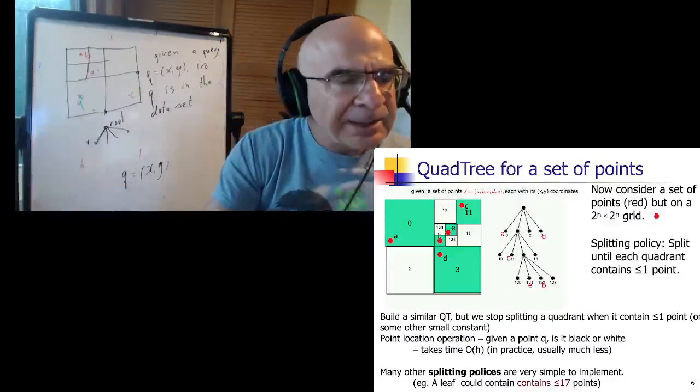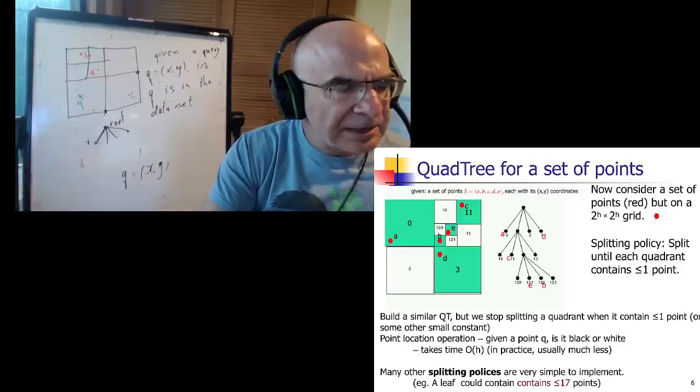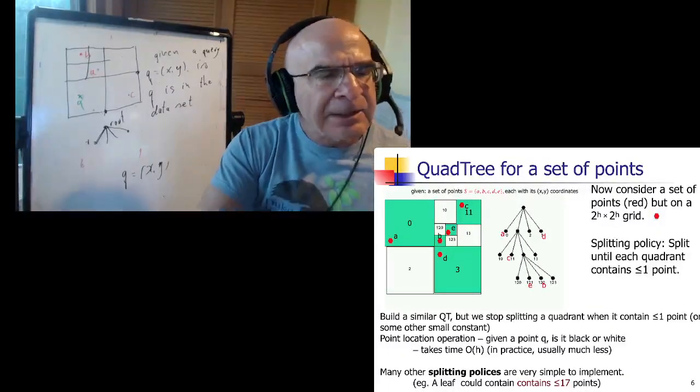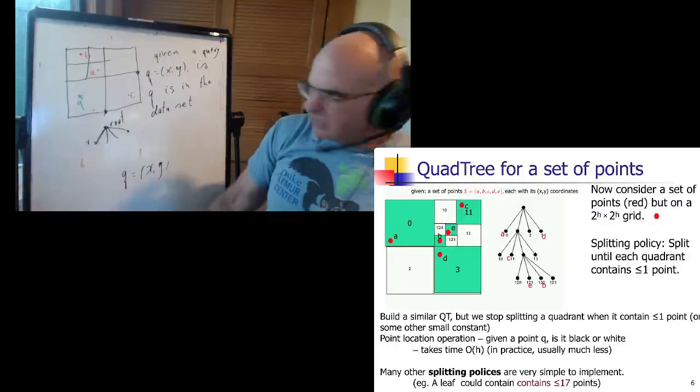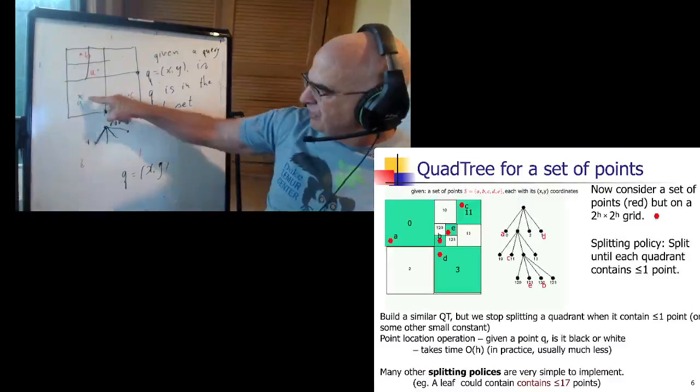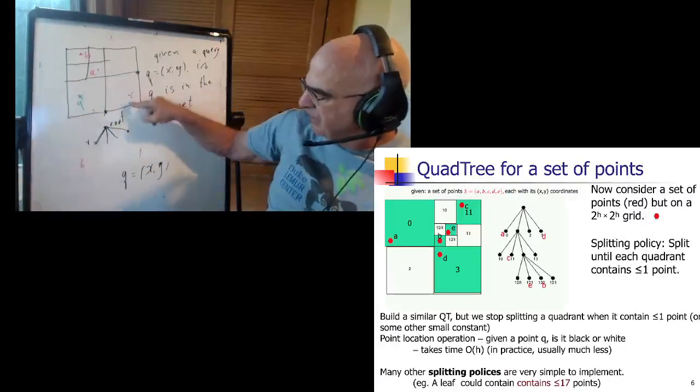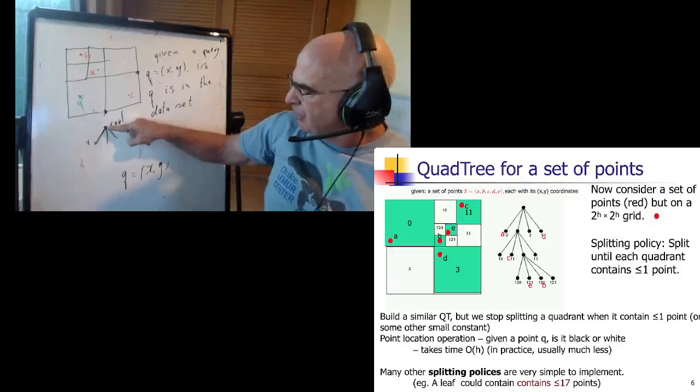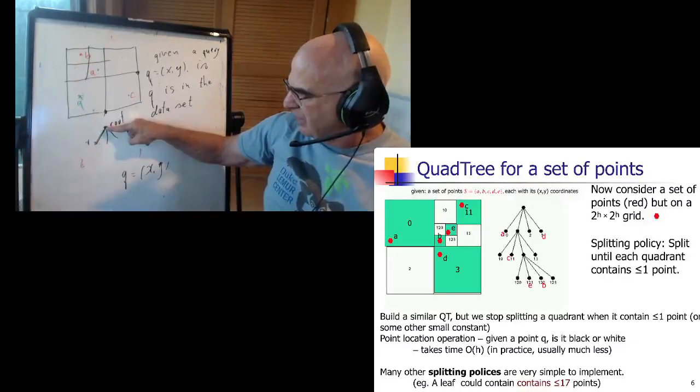Back to the case of data points, and you see that we already had the answer in the chat. Based on the data points, I'm going to the root with Q. I'm asking, does Q lie on any of the data points? The root doesn't store any, the root is an internal node. It has children.